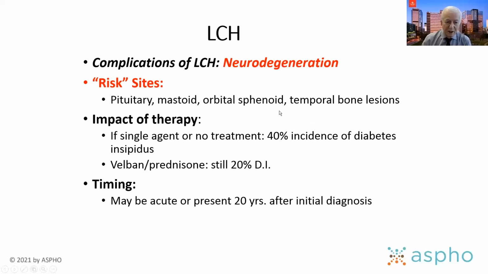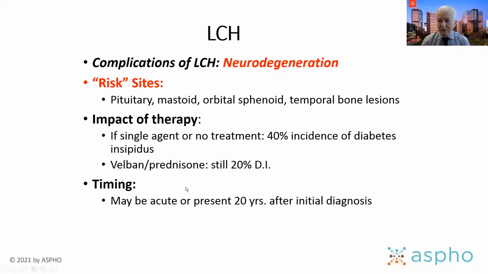The pituitary involvement is very important because it has been shown that those patients who received single agent or no treatment had a 40% incidence of diabetes insipidus and more of the neurodegeneration, whereas those who received at least 6 to 12 months of vinblastine prednisone, the incidence of diabetes insipidus fell dramatically. And that is why we still include the CNS risk bones, even as a single lesion, among those who need to be treated.